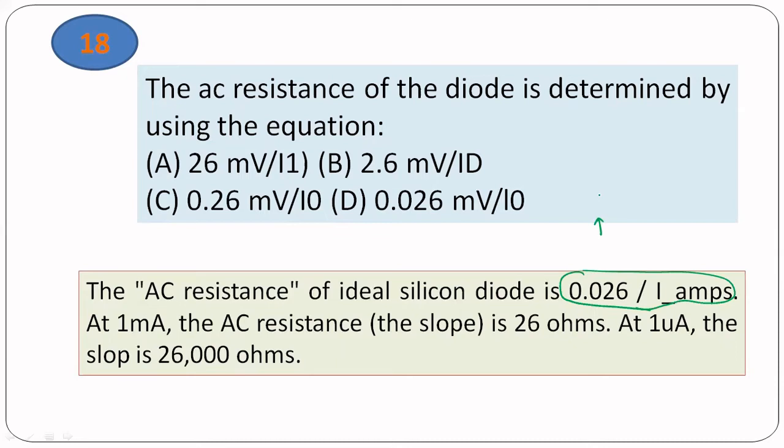That is at 1 milliampere. The AC resistance is 26 ohms. So if we compare this, it will be equal to 2.6 millivolts per kV. That is option B.